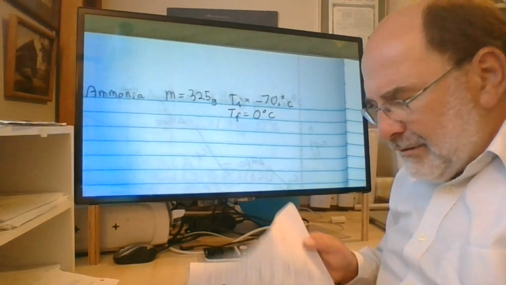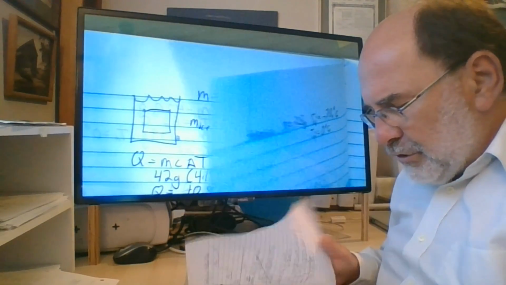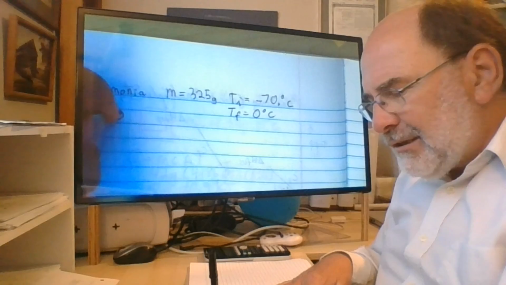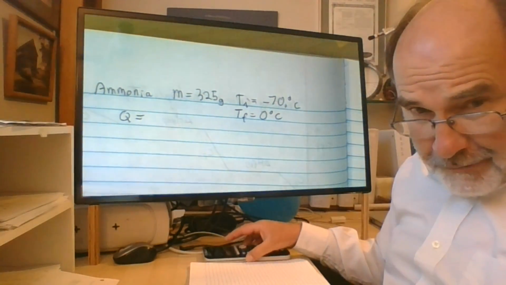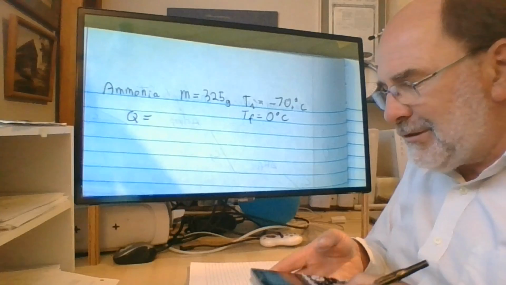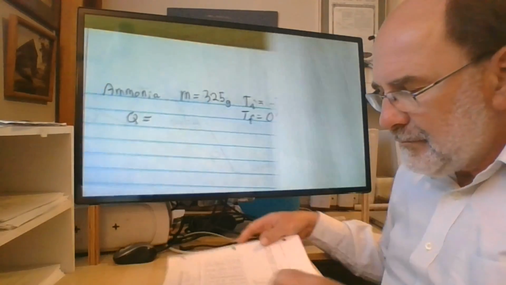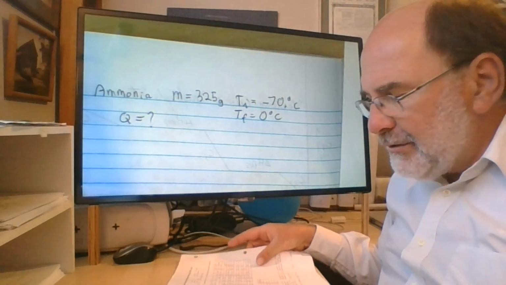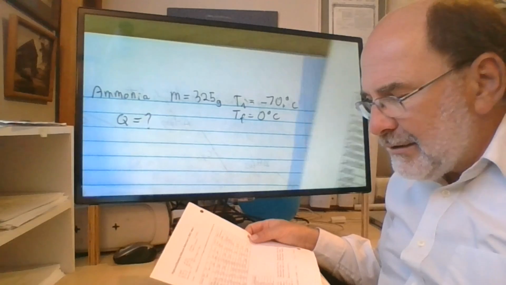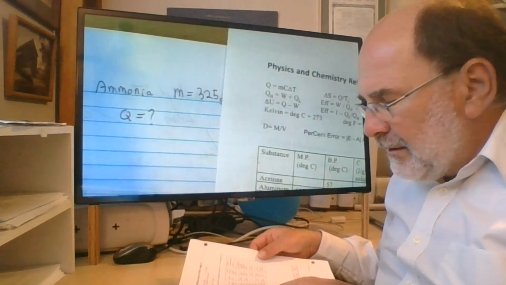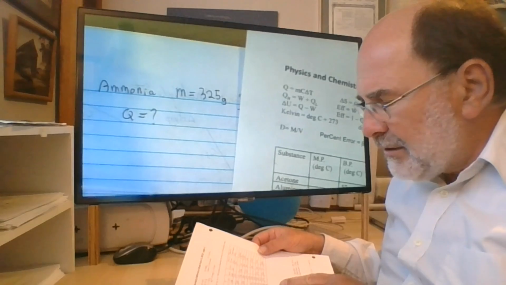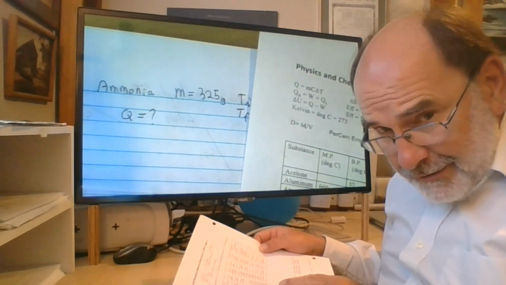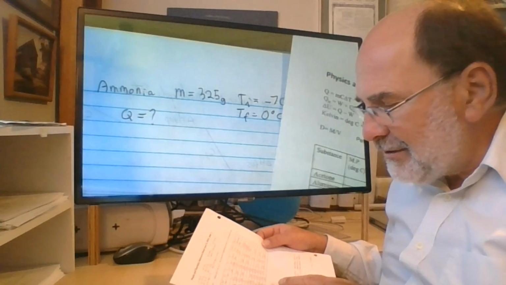Calculating, please. In this case, how much heat energy will it take to do that? So go ahead and pause, calculate it first, beat me to the punch. As I try to do this, I see that ammonia is a solid up until it gets to negative 78 degrees Celsius.